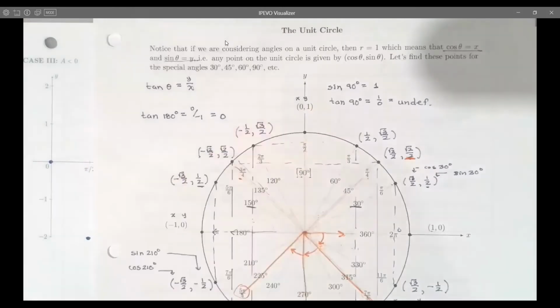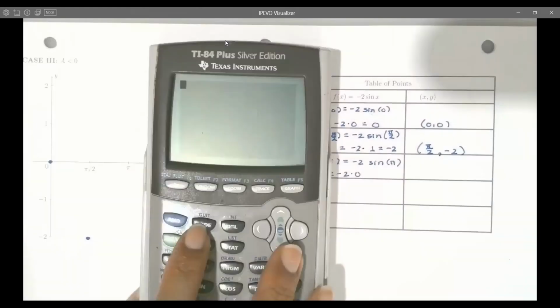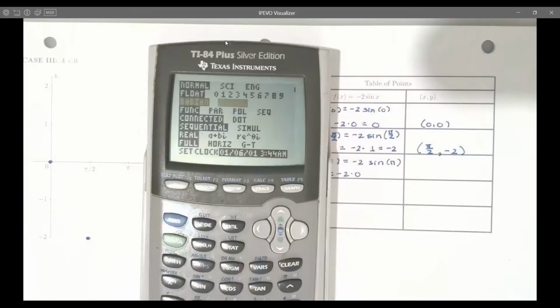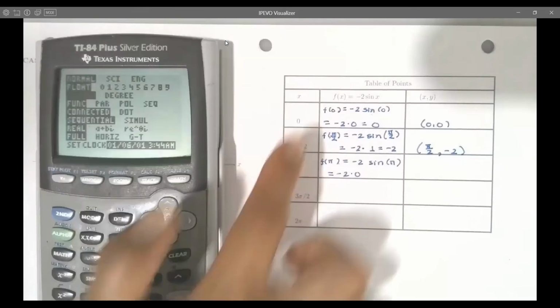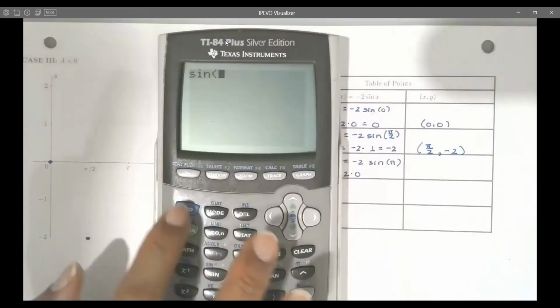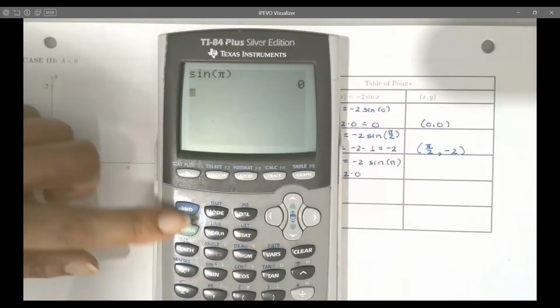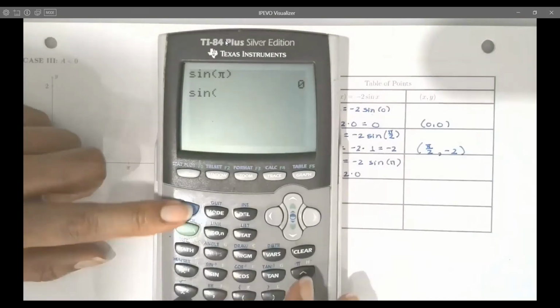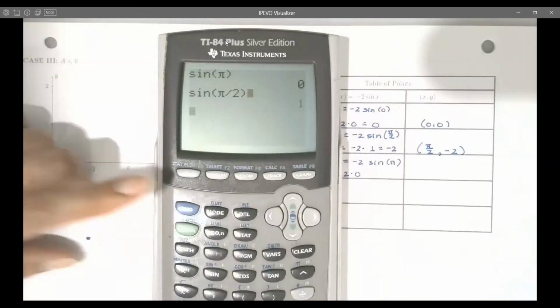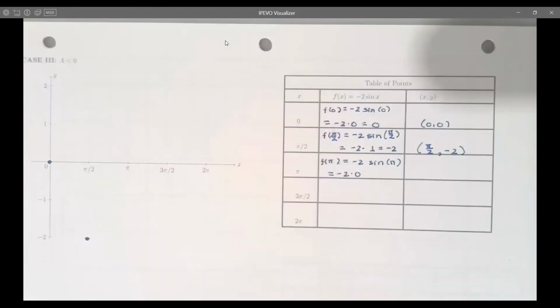The other way is to use your calculator, making sure you're in radian mode, because all of these are in radians. Type in sine of pi over 2, and that gives us 1. So there are 3 different ways you can find this value.